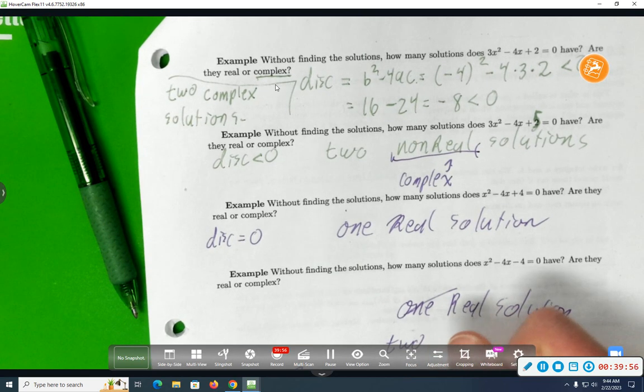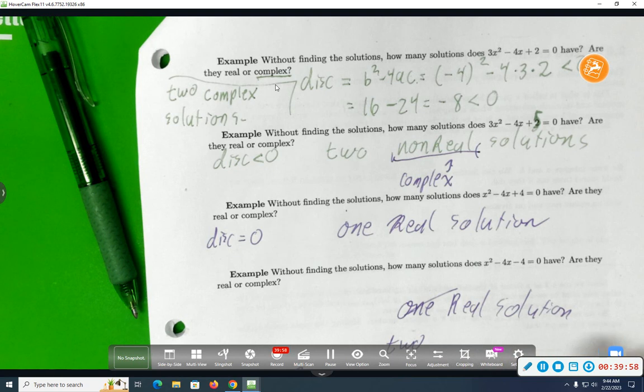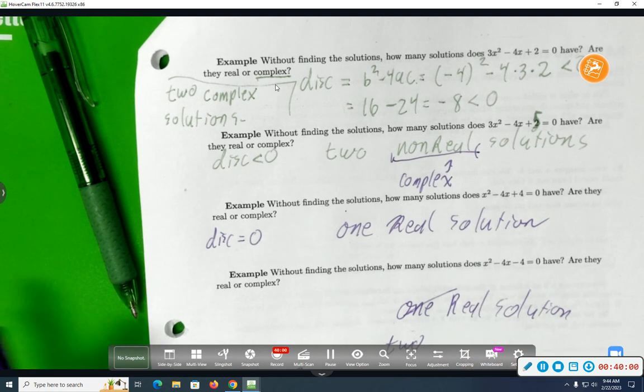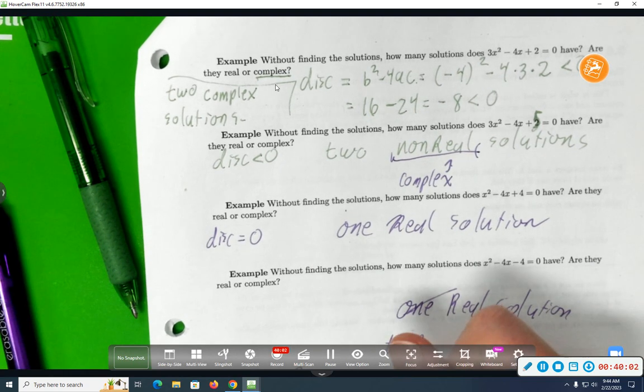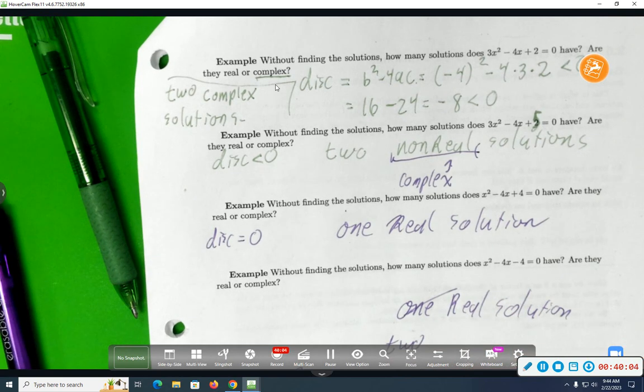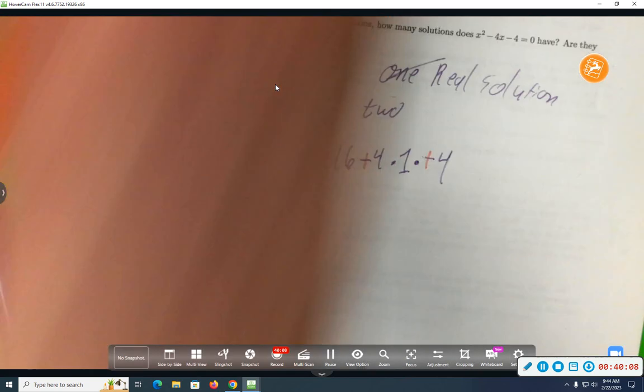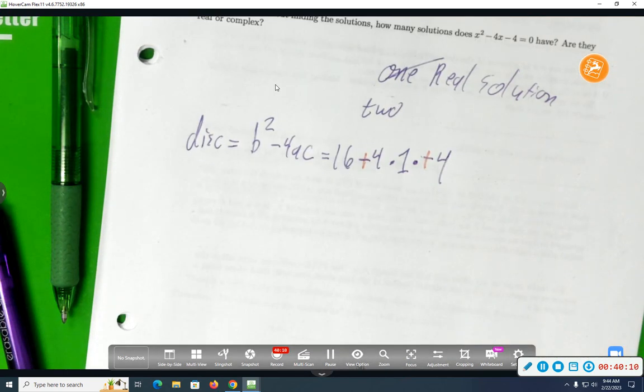What is C equal to? Positive or negative? Positive 42. But if you don't care exactly what it is, which we don't, you can see that it's positive without knowing that it's 42.